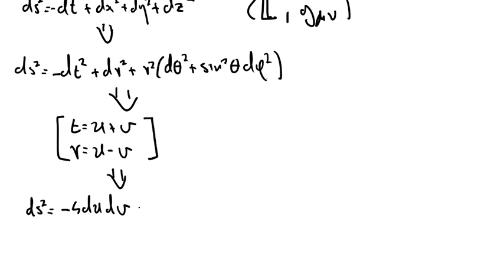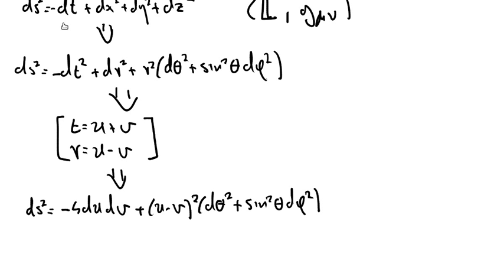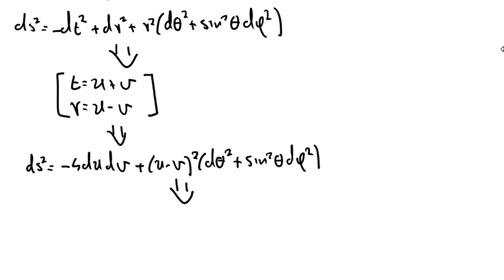These are all elementary manipulations. Okay, and now, well, we have written the Lorentzian part of the metric in terms of UV coordinates, which are null coordinates, and now we are going to do a further transformation on those null coordinates, which is given by the following relation.